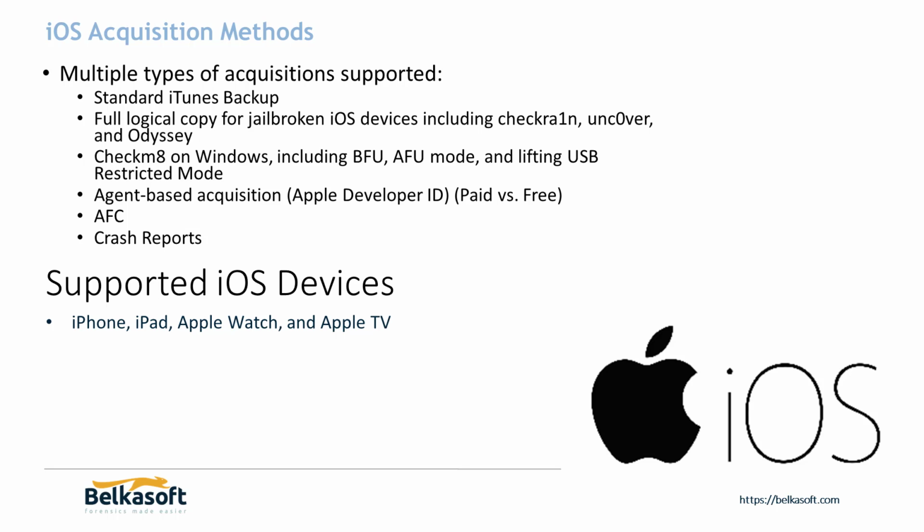Next is Checkm8 on Windows, including a before first unlock and after first unlock mode and lifting USB restricted mode. Now, it is important to note here that if you purchase X Mobile Edition, you will not get the Checkm8 extraction option.